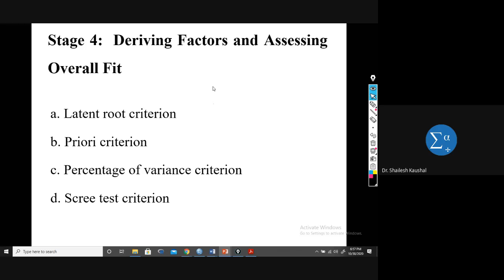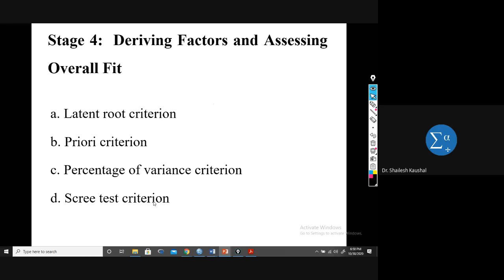So one is latent root criteria. Second, a priori criteria, which means if previously some researcher has taken 5 factors to explain this particular theory, then we can take 5 and give the supporting document that earlier this concept was explained by other researchers using just 5 or 4 components. And then percentage of variance, which means 60%.